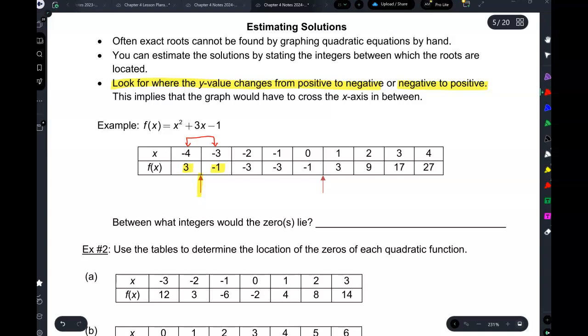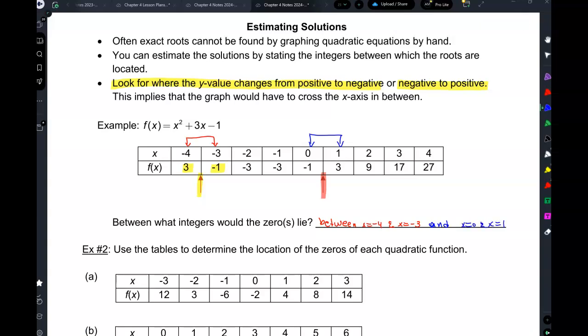So when it asks you between what integers a 0 would lie, one is between x equals -4 and x equals -3. And another one happens here, between x equals 0 and x equals 1. So you don't give the y values, you give the x values.